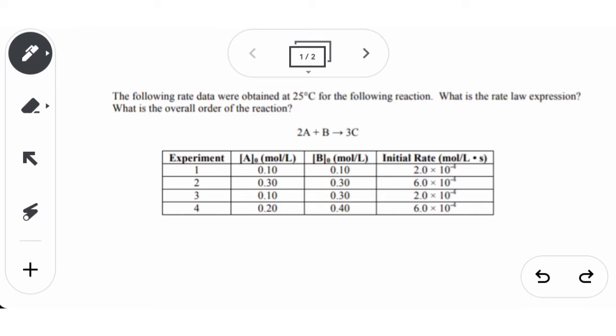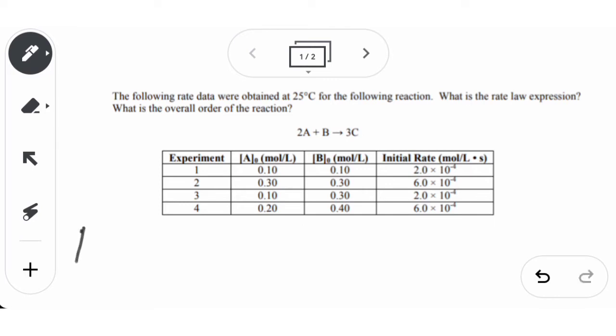So we have been given this question and we are required to determine the rate law expression using the experimental data given in the table. For us to do that, we are going to start with a general form of the rate law expression.